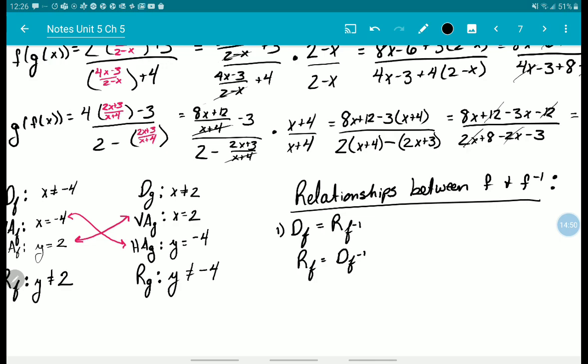So those x's and y's end up switching. If we have horizontal and vertical asymptotes, they switch too. The horizontal asymptote of f ends up becoming the vertical asymptote of g, and the vertical asymptote of f ends up becoming a horizontal asymptote of g.